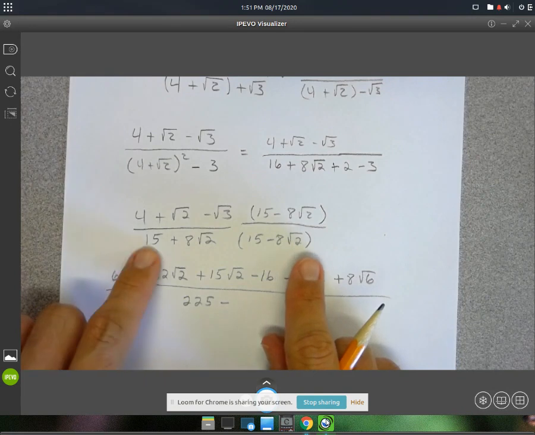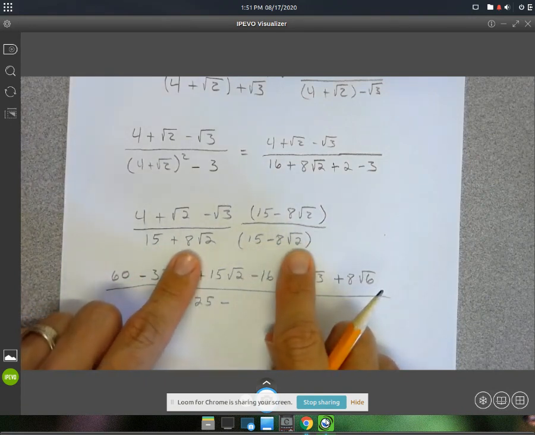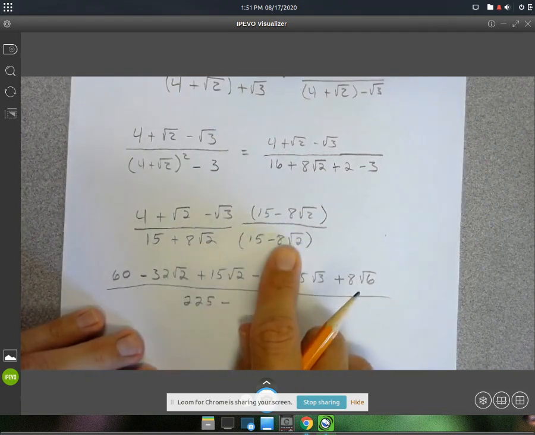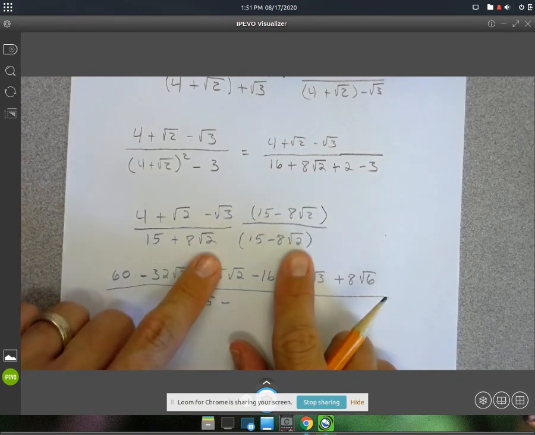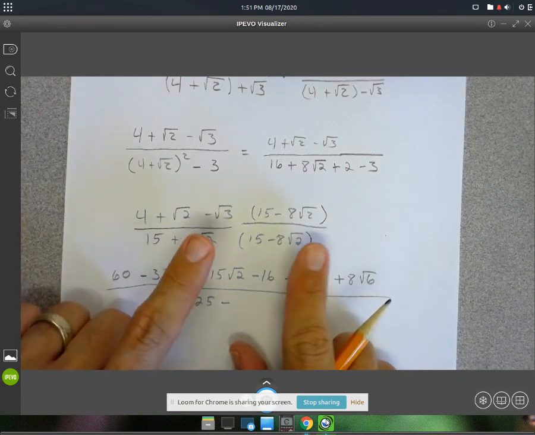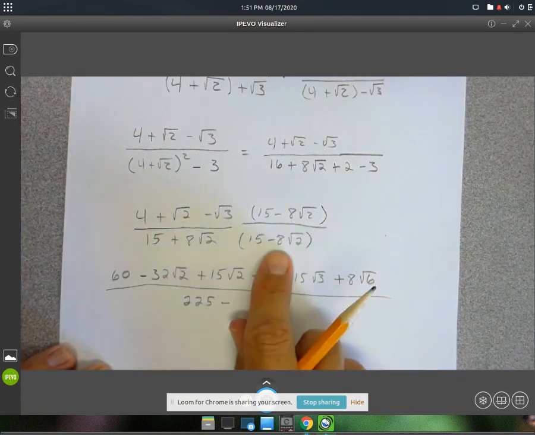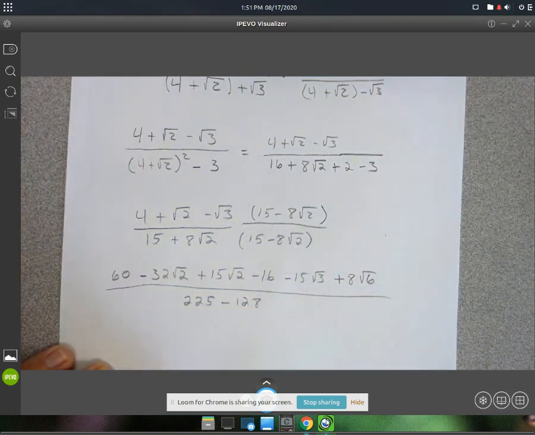Now, 15 times that and 15 times that, those just cancel, so I don't have to pay attention to them. So this is going to be 8 times 8, and then times 2. Root 2 times root 2 is 2, and then you're doing 2 times 8 times 8. So that's going to be 64 times 2, which is 128.